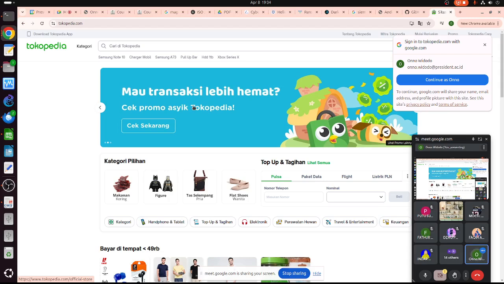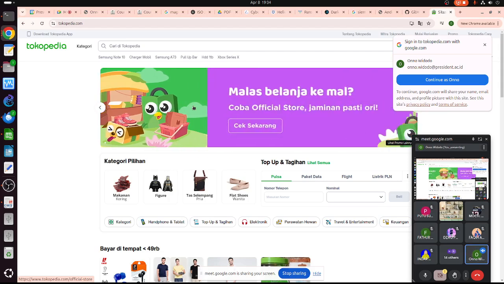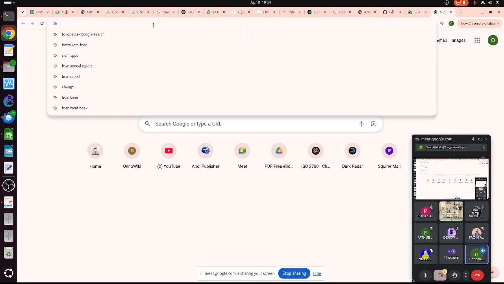The answer is yes, because it is required by ComDigi. Okay, it's in the act. So ComDigi has rules and regulations.